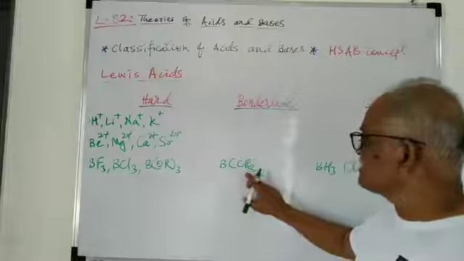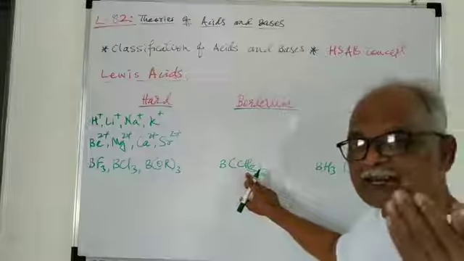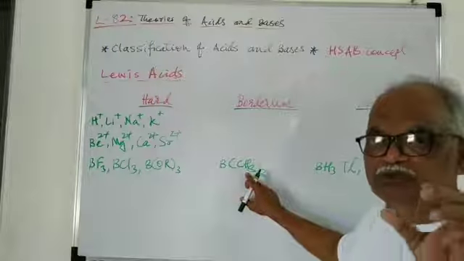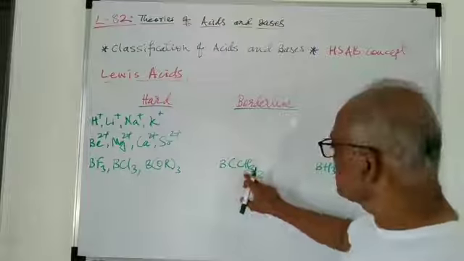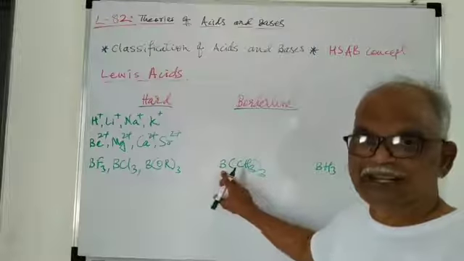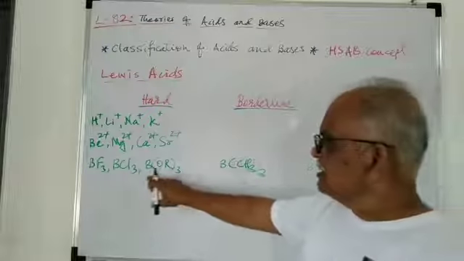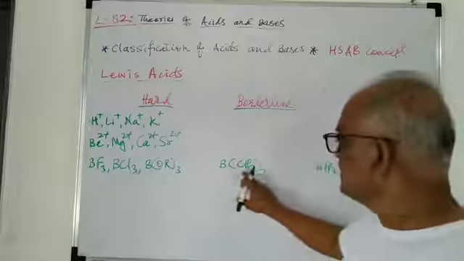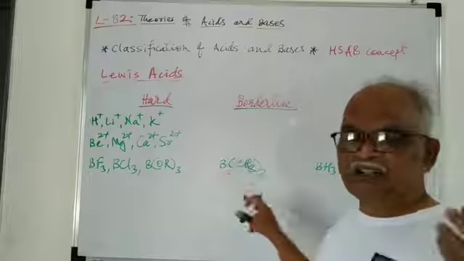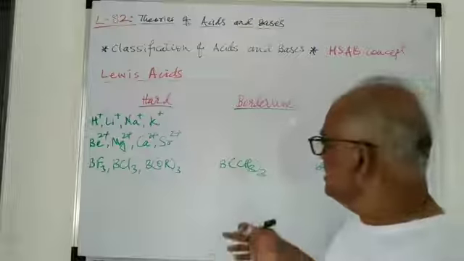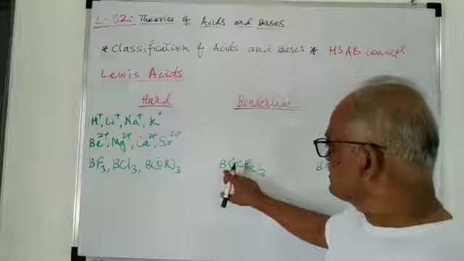Here you will find that CH3 is an electron supplying species to a very small extent. So the electron density of boron is not removed that much compared to these.